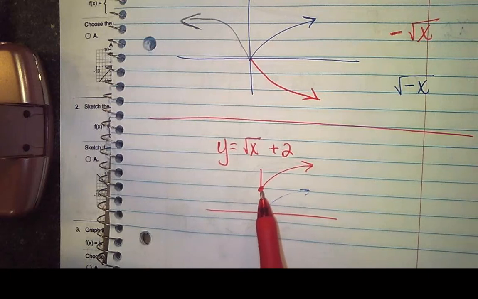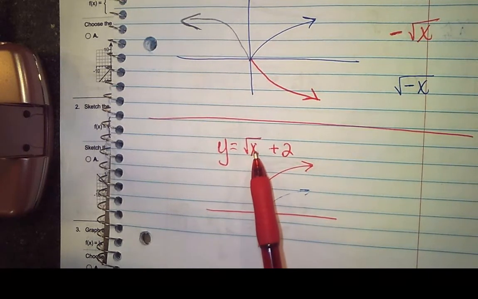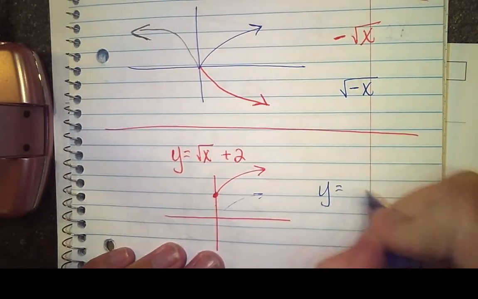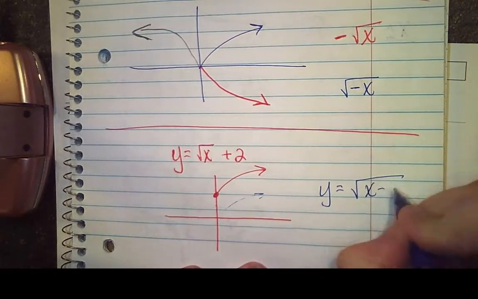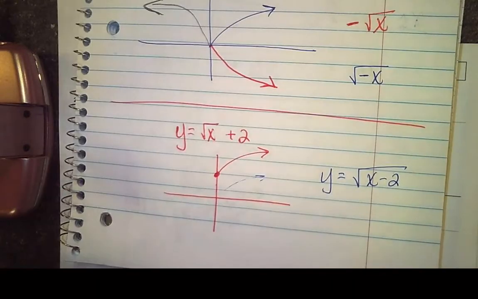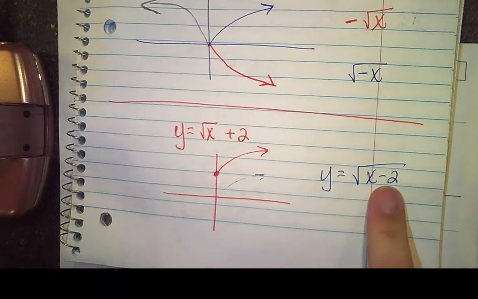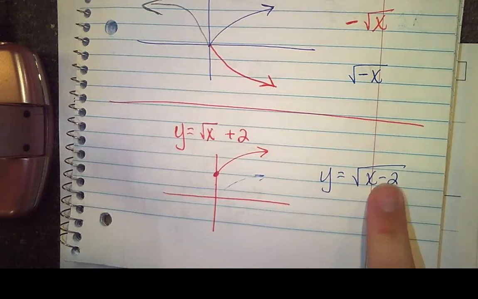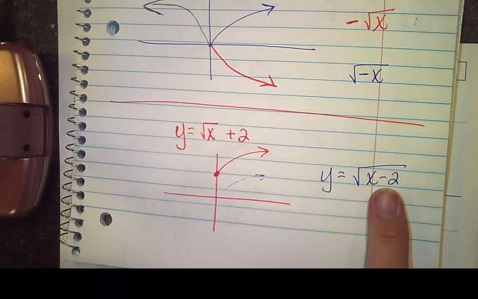Now, if I want to move it left, right, I need to attach it directly to the x. So for instance, if I say y equals the square root of x minus 2, now this is what's going to throw you off. You would think go left 2. Well, that's not what's going to happen. What's going to happen is you're going to go right. So this is the one time you go opposite.